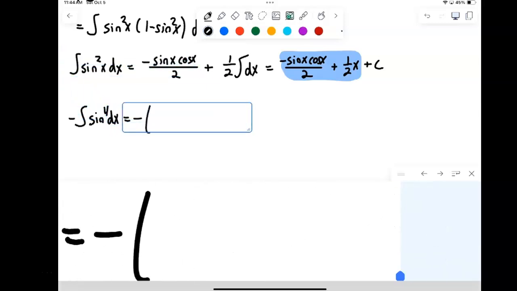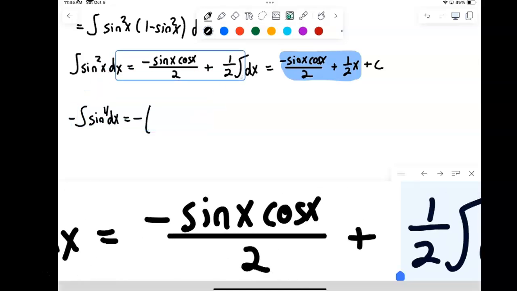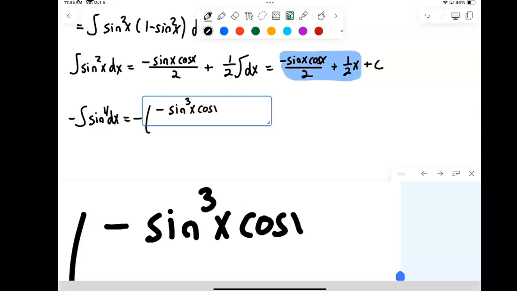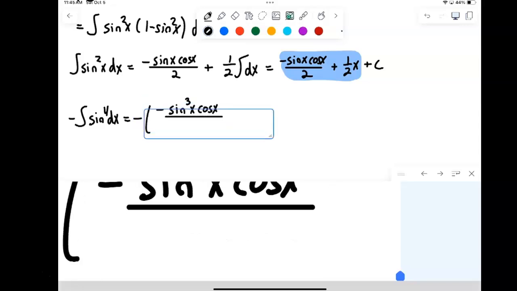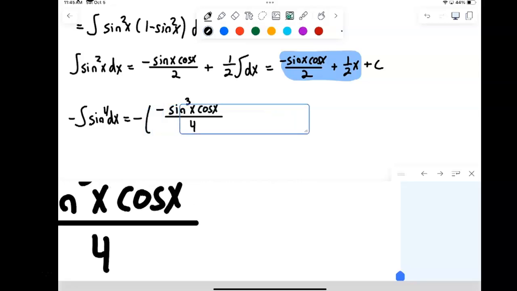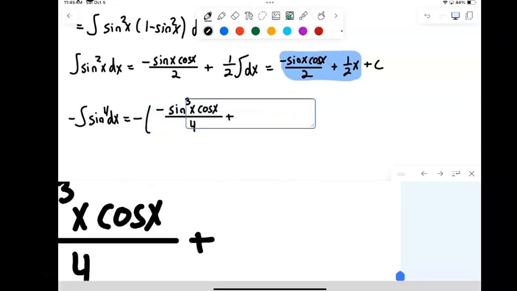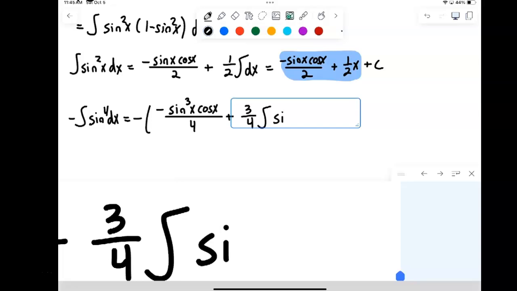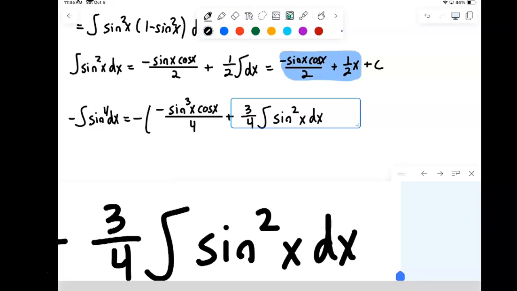So that'll be negative parentheses, and then we use our reduction formula: negative sine cubed x cosine x, all divided by n, plus n minus 1 over n, 3 over 4, times the integral of 2 powers smaller, sine to the n minus 2, 4 minus 2 being sine squared x dx.